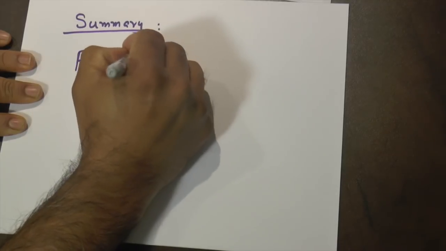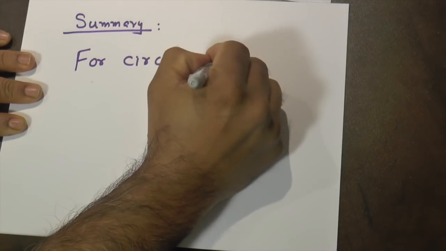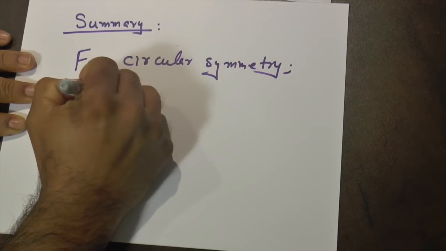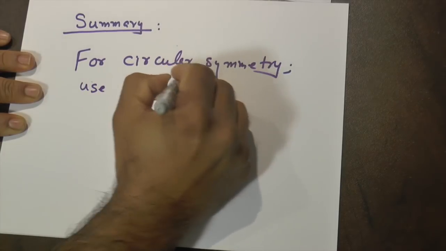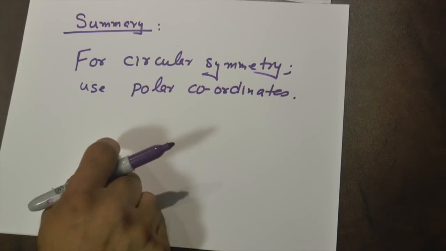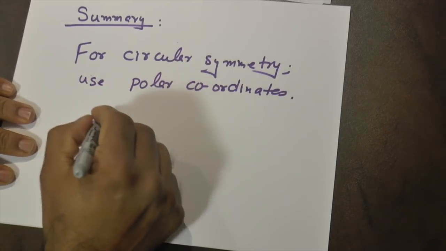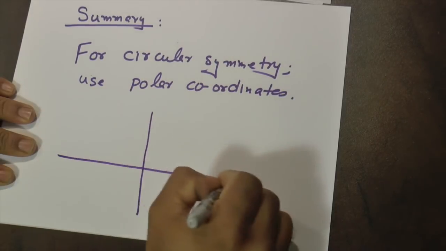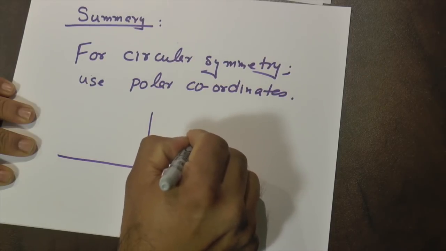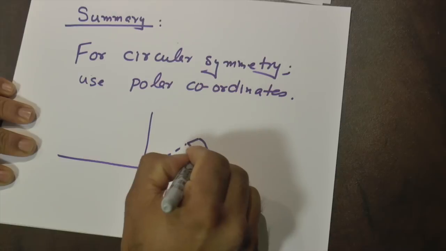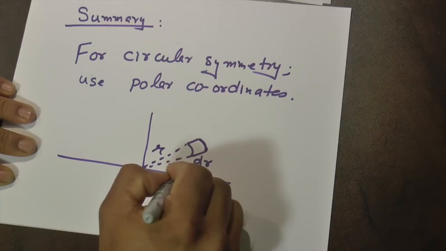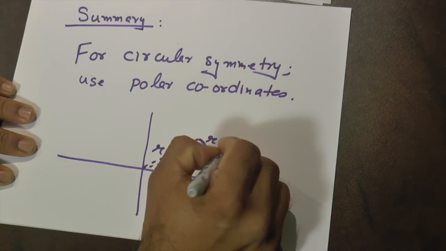For circular symmetry, use polar coordinates, and in polar coordinates basically what you're going to have is an element which is dr, a small variation in r, and r dφ.